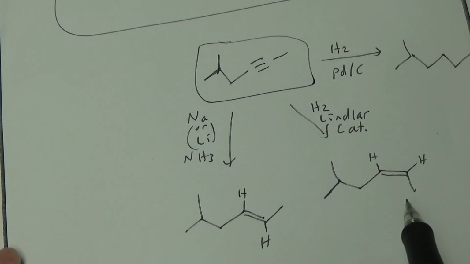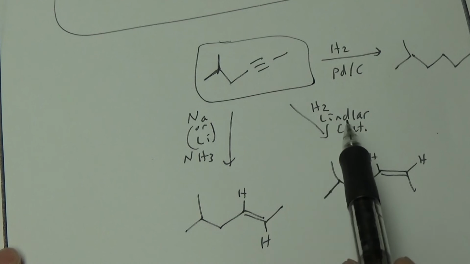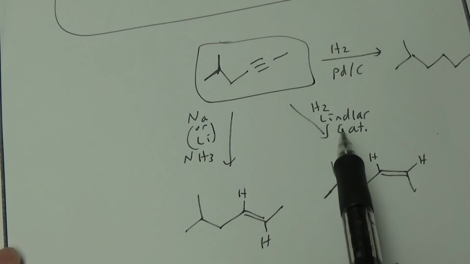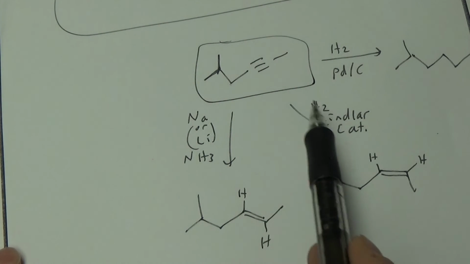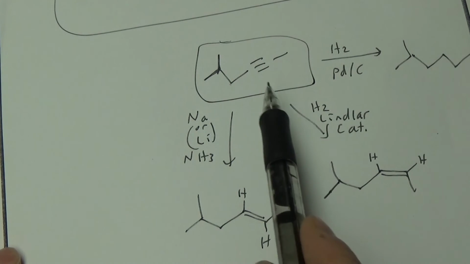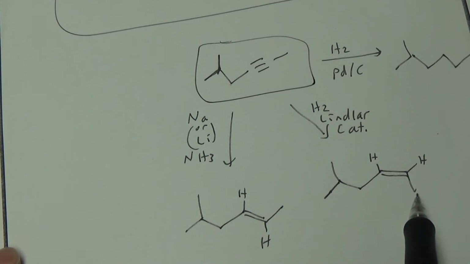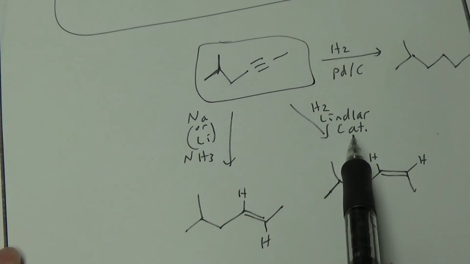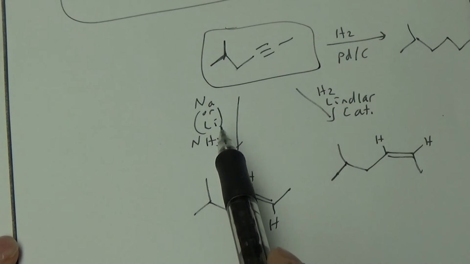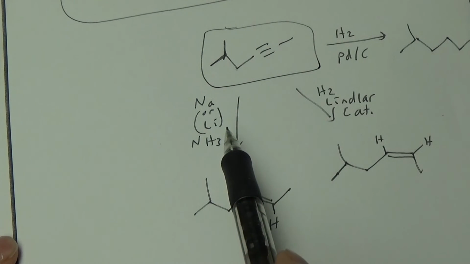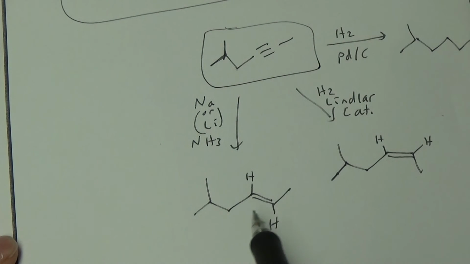Then we have the H2 Lindlar method, which makes cis alkenes, so the H2 gets delivered in a syn addition, which makes a cis product. And also sodium or lithium and ammonia, and that does a trans reduction.